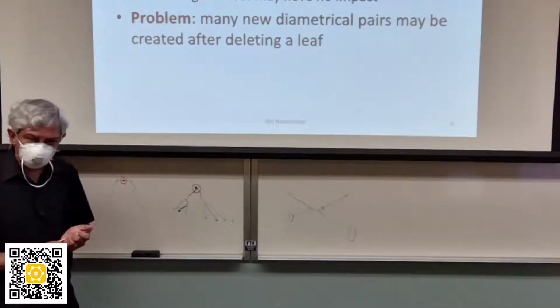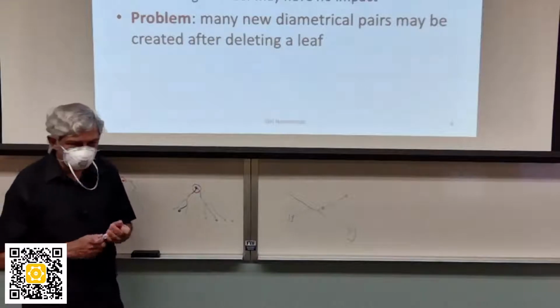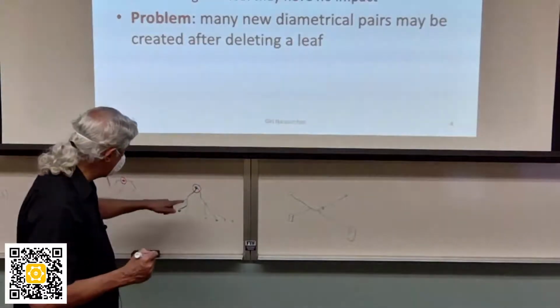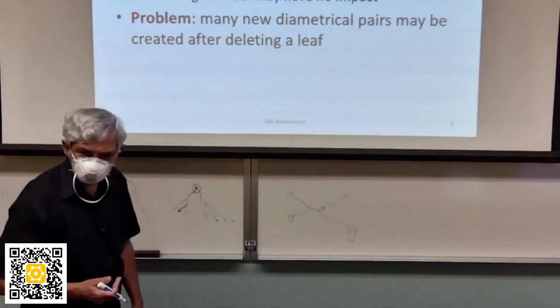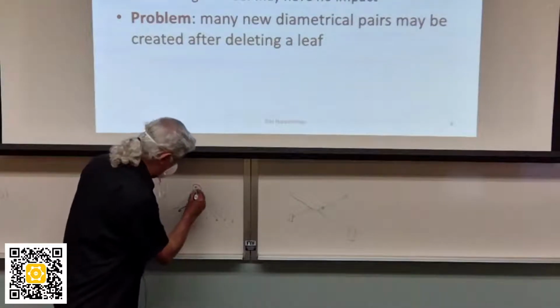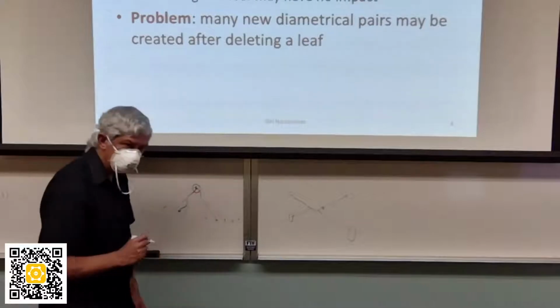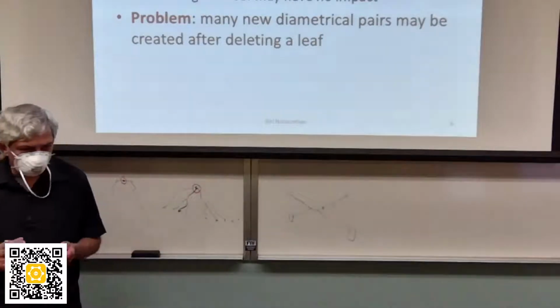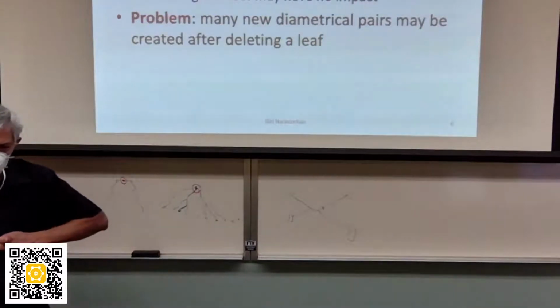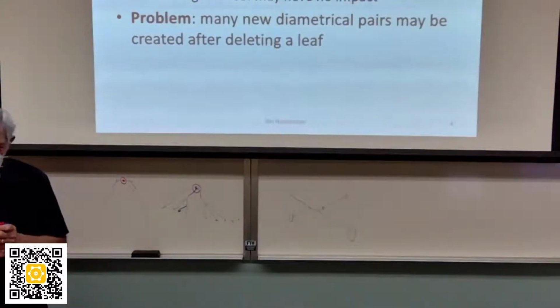Well, there is an additional problem now. That is that I don't have to have two subtrees. I could have many. So what if I have something like that? Now life gets even more complicated, right?